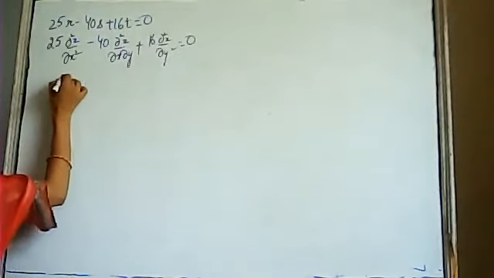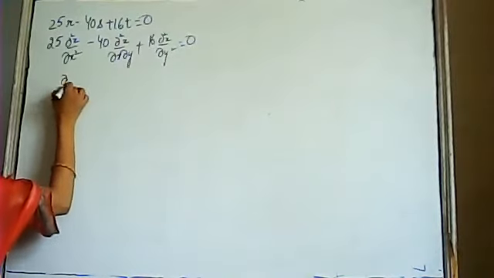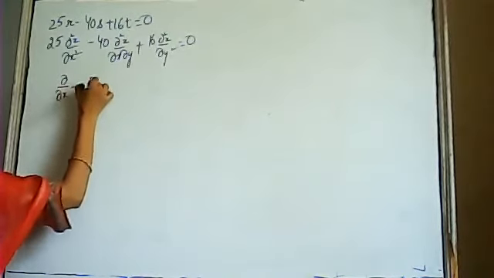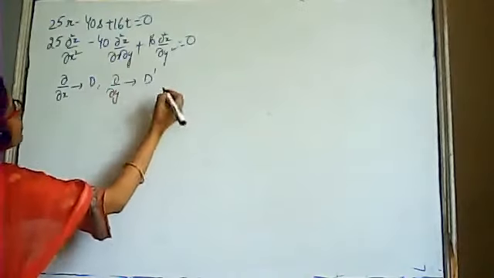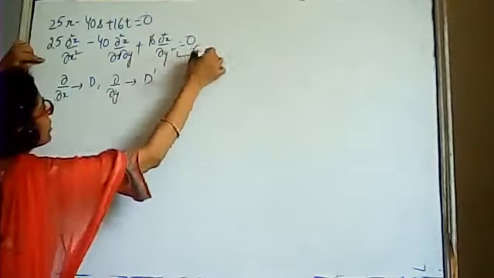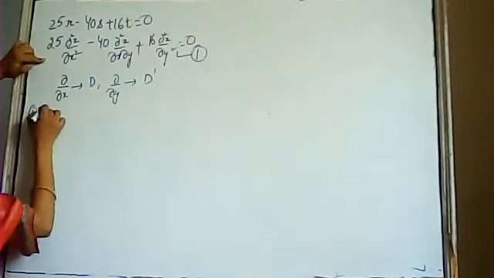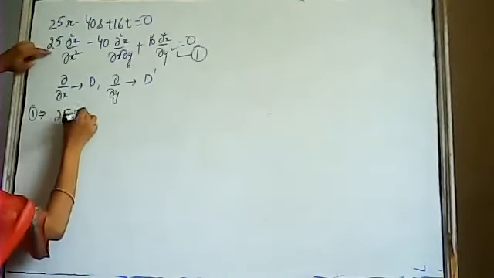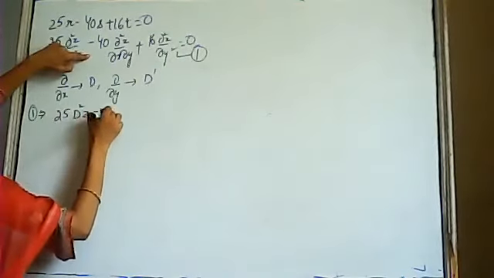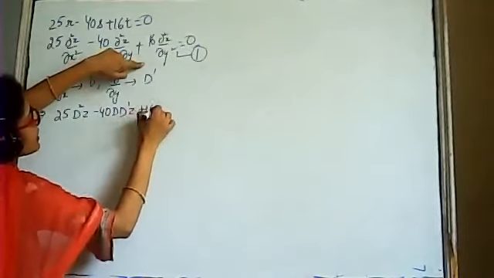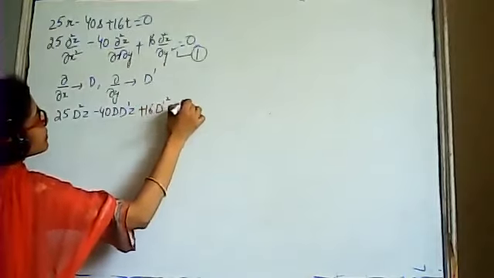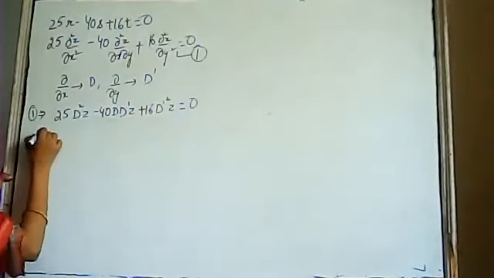Now in this equation, we have to replace ∂/∂x with D and ∂/∂y with D dash. So this equation number 1 reduces to 25D²z − 40DD'z + 16D'²z = 0.